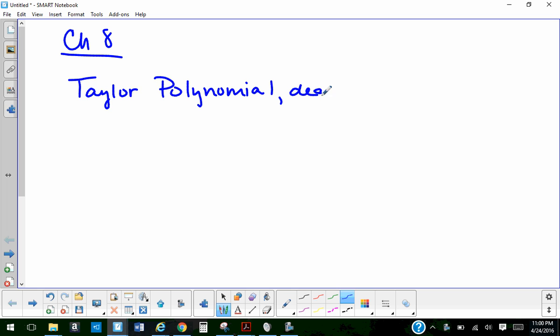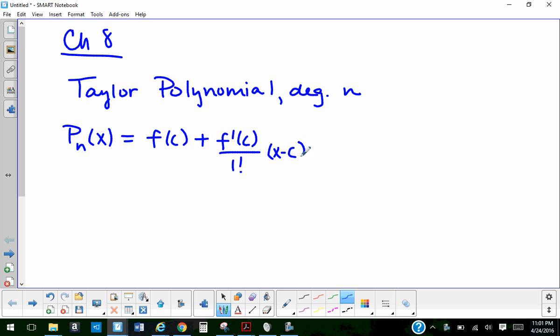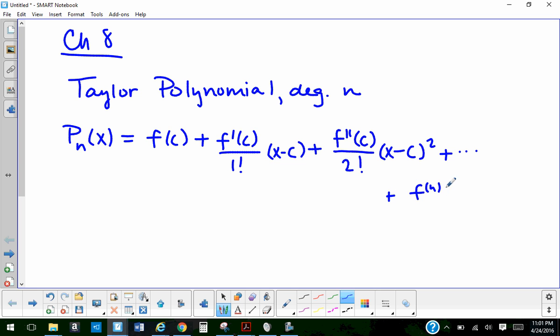If I'm degree n, that would be P sub n of x is f of c, my center, plus f prime of c over 1 factorial times x minus c to the 1, plus f double prime of c over 2 factorial times x minus c squared, and so on, plus the nth derivative of f at c over n factorial times x minus c to the nth power.